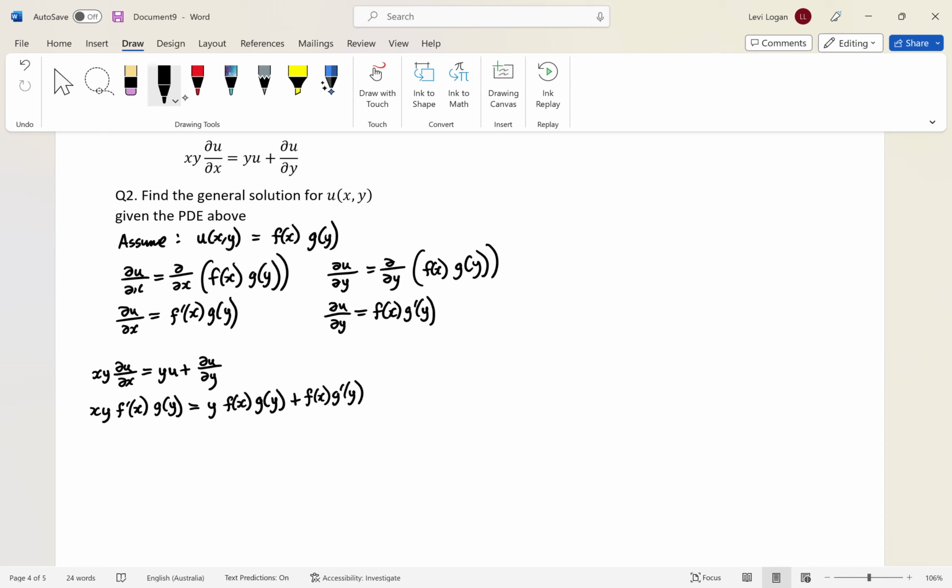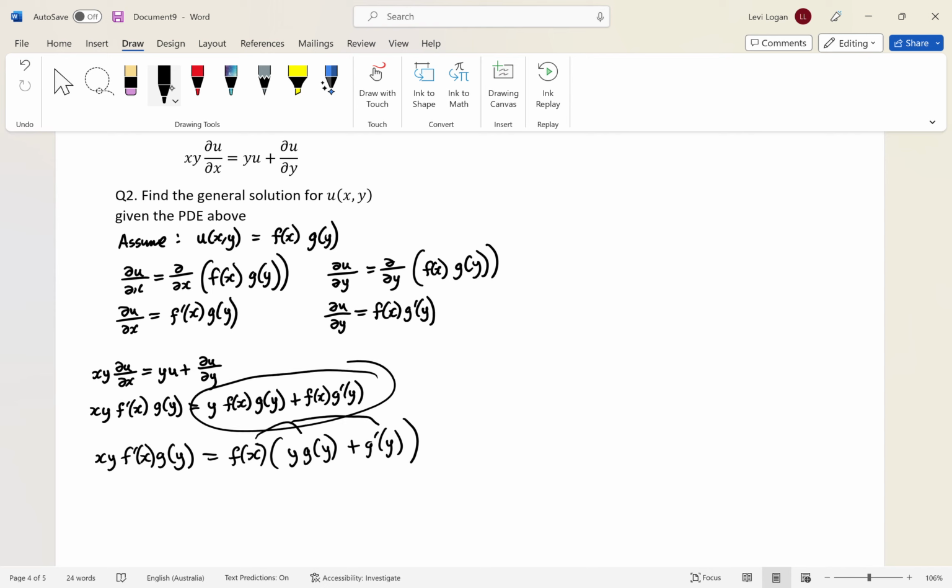So x y f dash of x times g of y is equal to, we can take out f of x multiplied by y g of y plus g prime of y. So if I distribute this into each of them, I'll get this line up here.